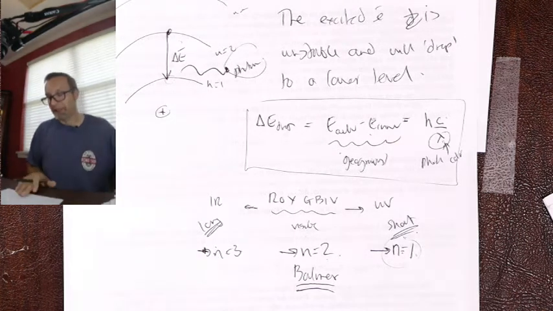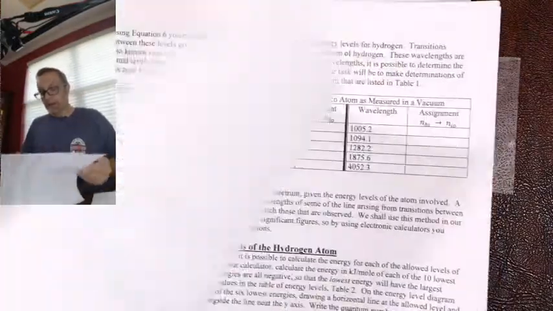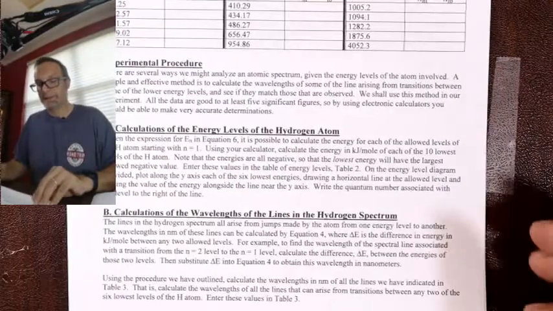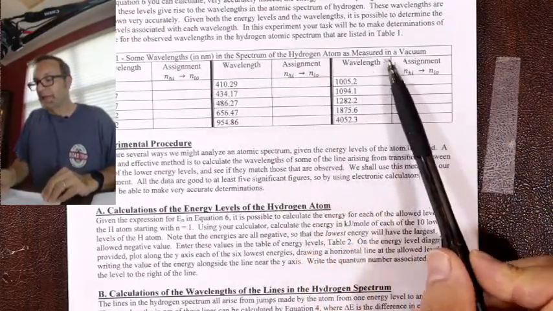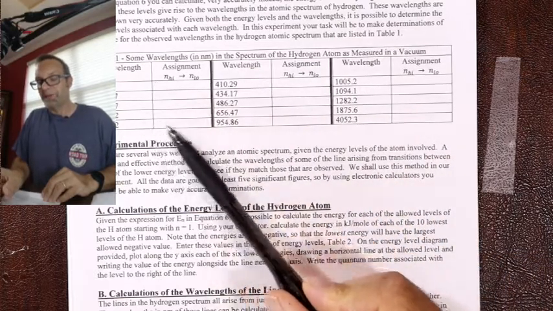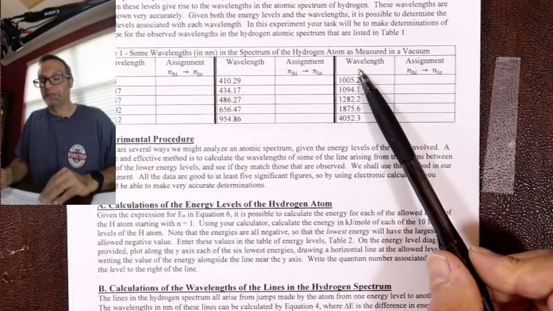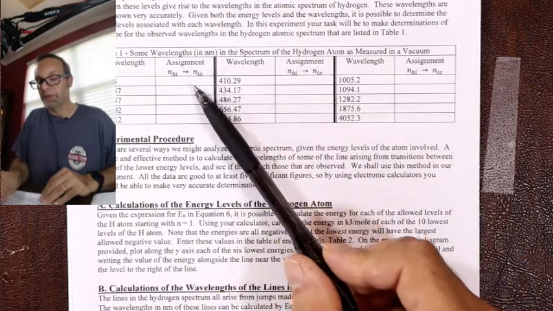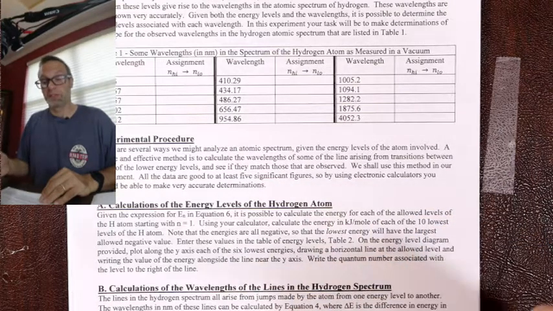Now let's take a look at your experiment, okay? You can just read through this. Now these are assignments, right? So these are wavelengths of light that come out of the hydrogen. These are all transitions, and later on you'll do the math and work out some wavelengths for certain transitions.